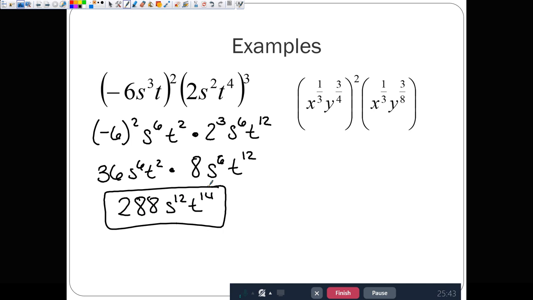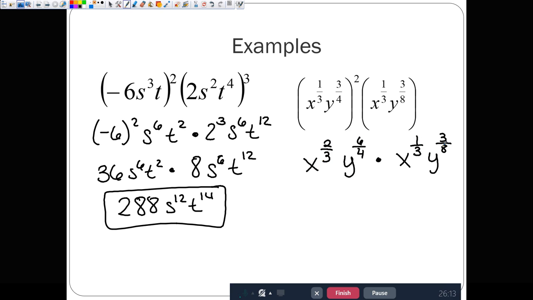Okay, I'm raising this fraction here, so I'm gonna be multiplying, so I'm gonna have x to the 2/3 and y to the 6/4. And then I don't have an exponent here, so it's gonna be the same thing. My coefficient's 1, so I don't need to multiply it. So now I am adding my exponents.